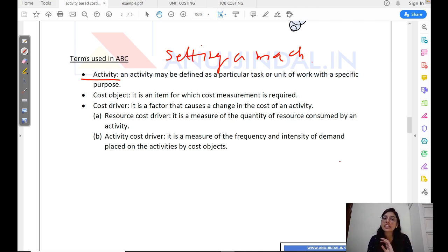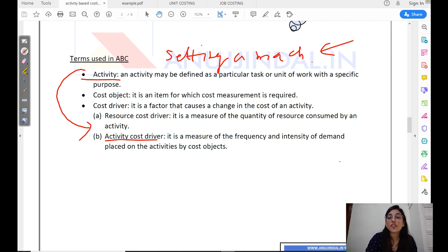The cost of this activity depends on certain drivers. So there are certain drivers which drive the cost of this activity. For example, if there are more setups, the cost of setting up a machine would be more. So the items or drivers which drive the cost of the activity are known as activity cost drivers.